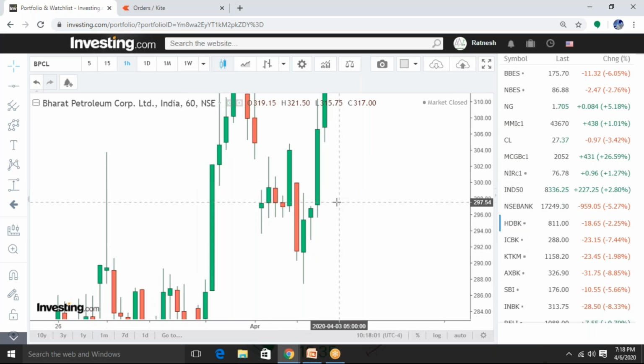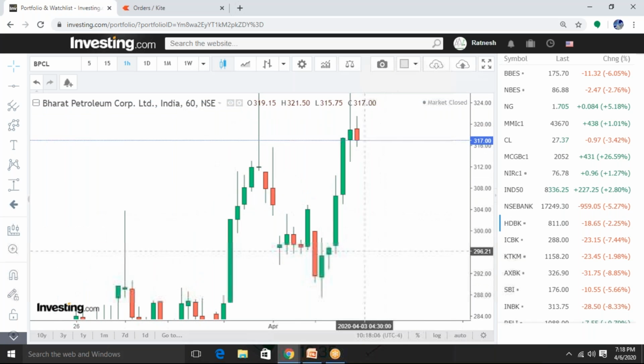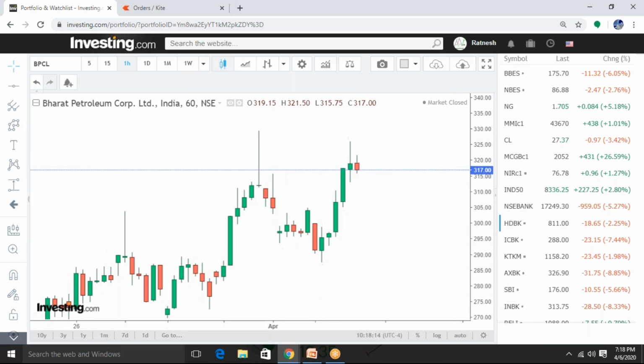This is almost a morning star, not exactly. The previous 10 to 12 candles, 1, 2, 3, 4, 5, 6, 7, the trend is clearly upside. So overall you cannot consider this as a morning star because the previous trend is upside, and it might not give you good profits. Is it fine, sir?